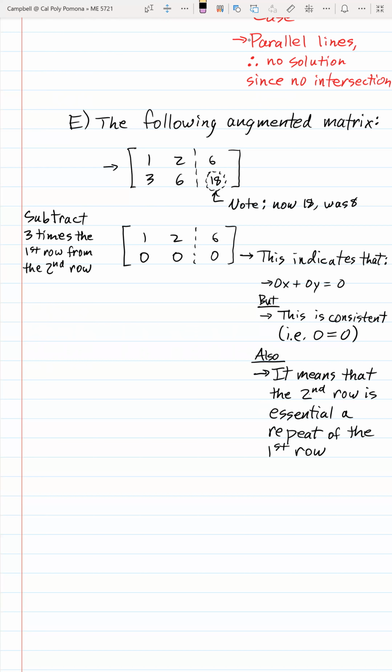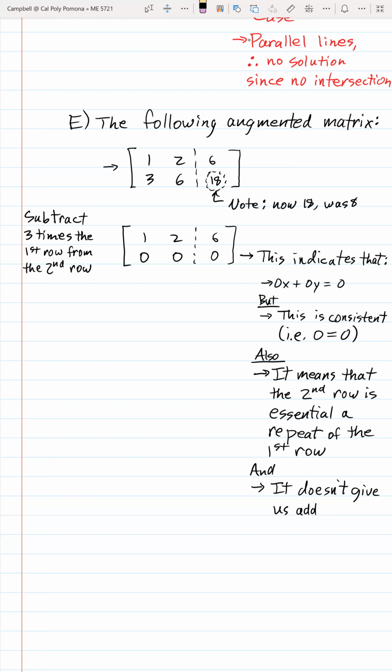And so as a result, it doesn't give us anything new. So if we're relying on these equations to give us information, it turns out that that second row really doesn't give us any additional information.